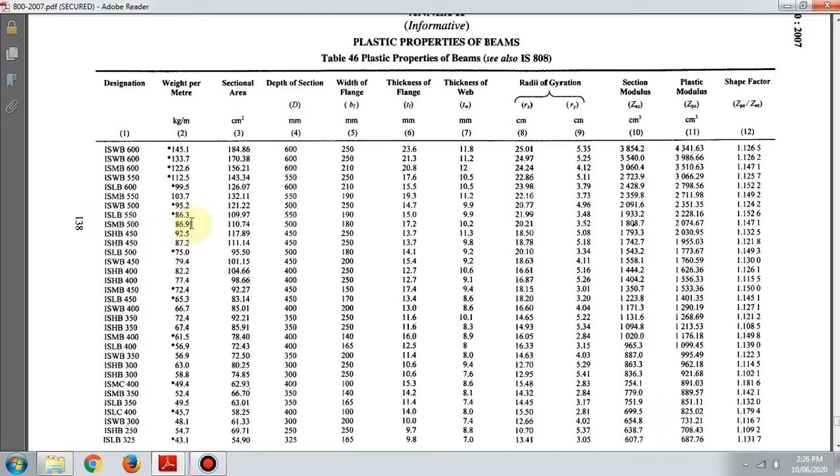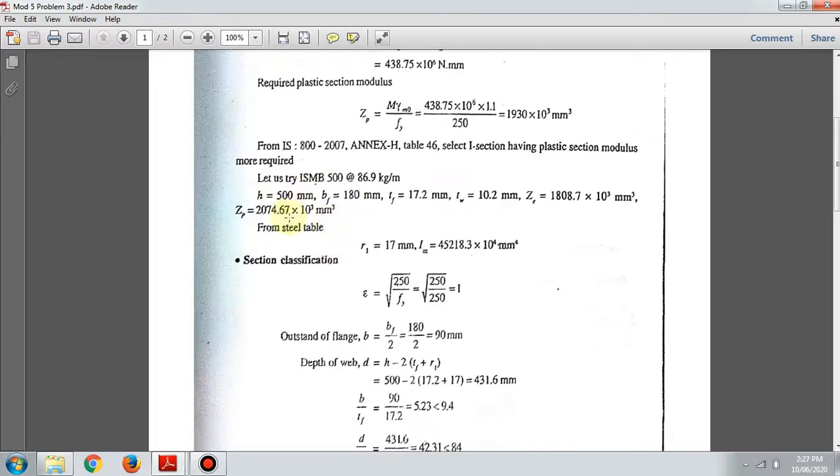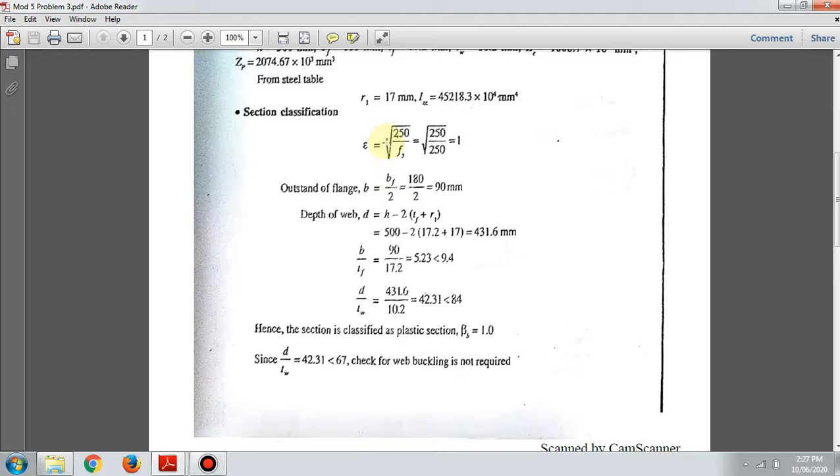If I go to page number 138 and take the Zp value, for example ISMB 500, that Zp value is 2074.